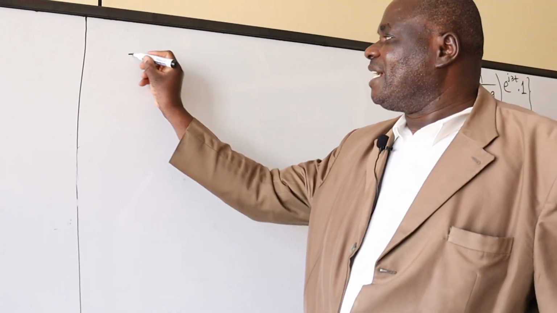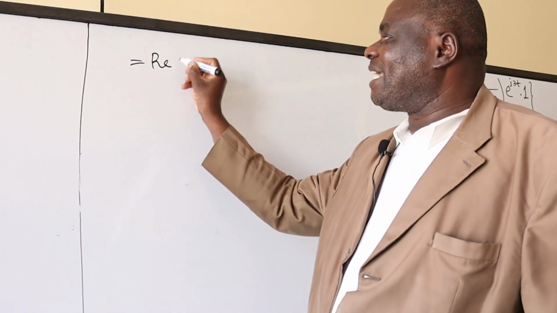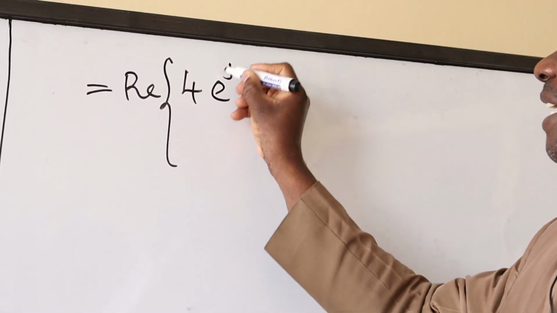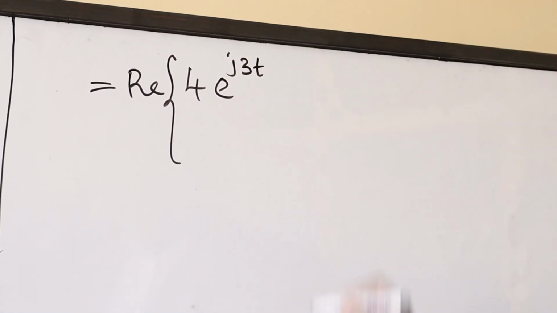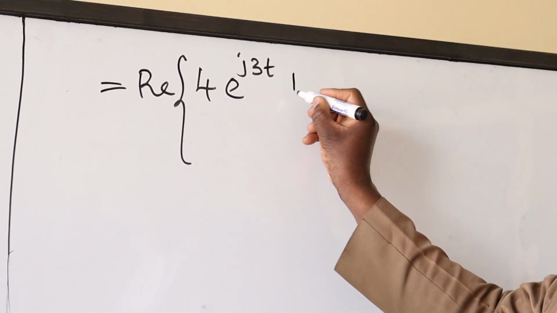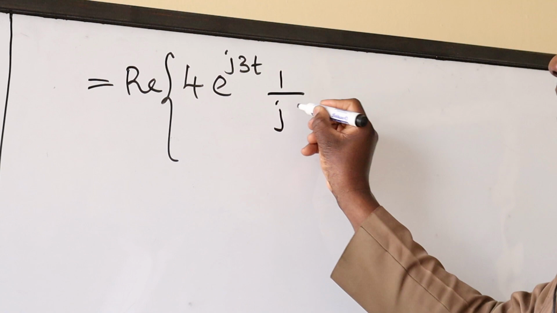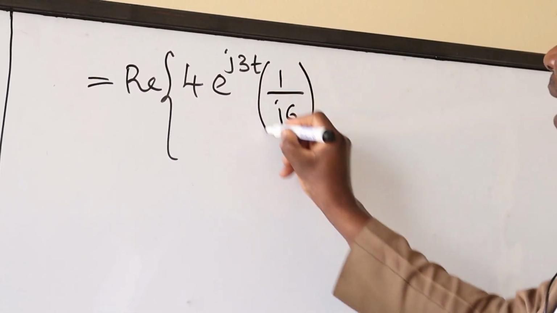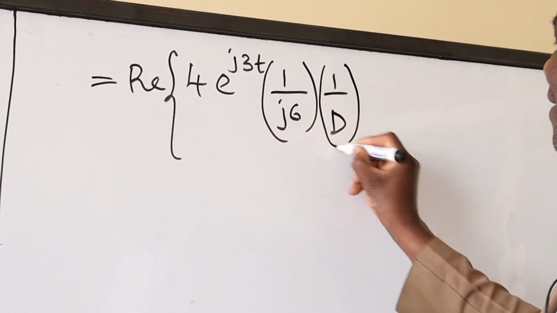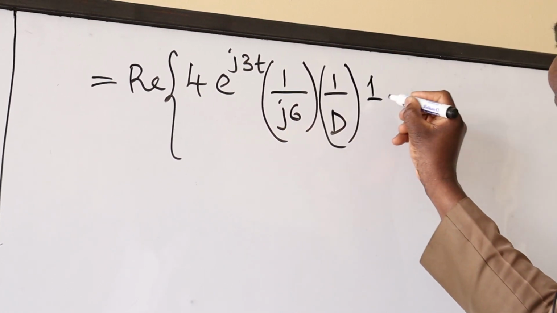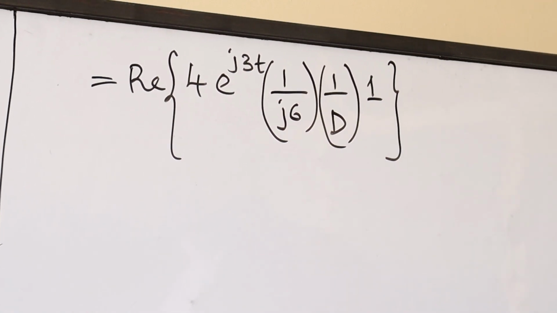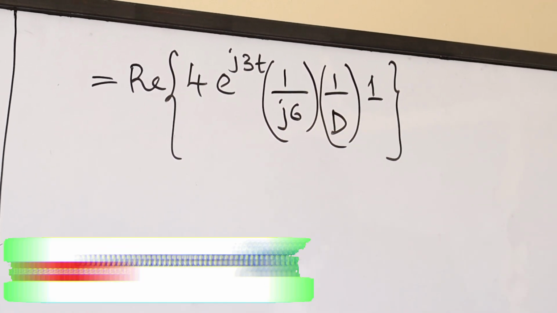From there we say this is the same as the real part of 4 exponential j3t. Now this one we have 1 all over j6 multiplying 1 all over D. Cos 0t is the same as just 1 again. So we convert it back to its original name, which is 1.